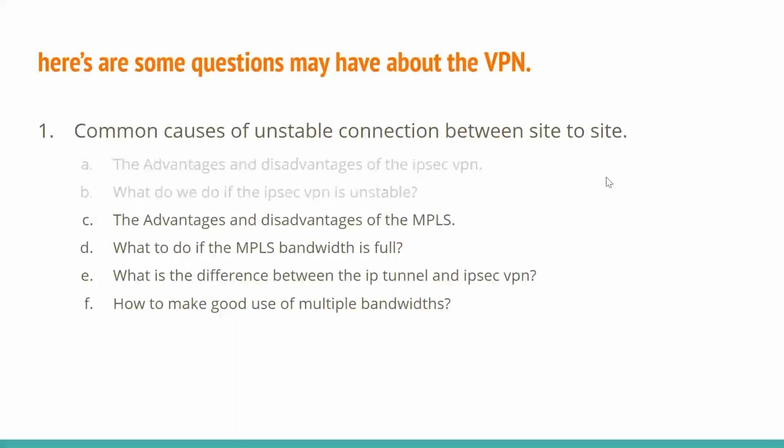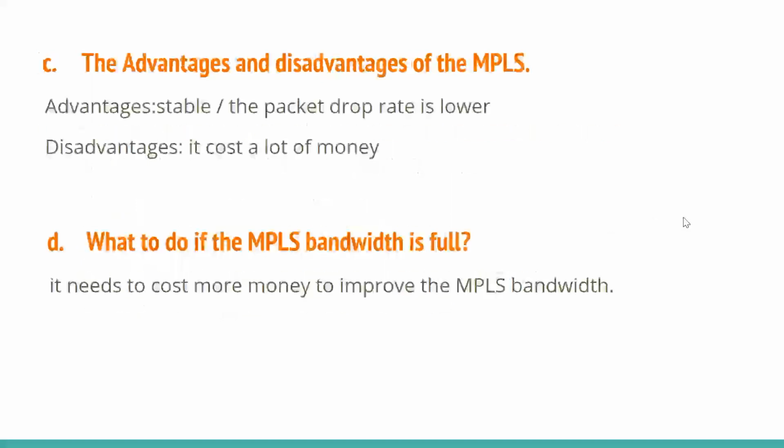Then I'm going to talk about item C and item D. The advantages and the disadvantages of the MPLS. The benefit is it's stable. The packet drop rate is lower.